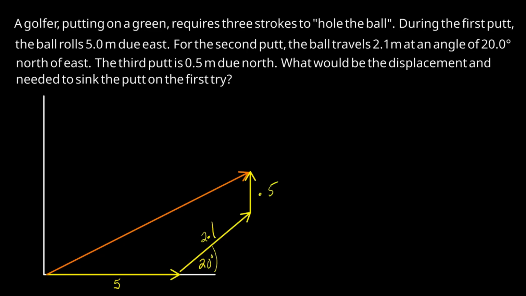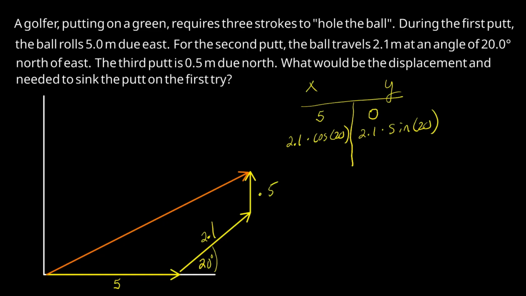Let's do our XY table next. All right, so the first vector is traveling along the x-axis, 5, 0 y. The second vector is 2.1 times the cosine of 20 degrees, 2.1 times the sine of 20 degrees.